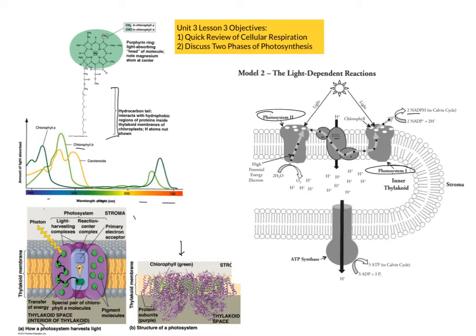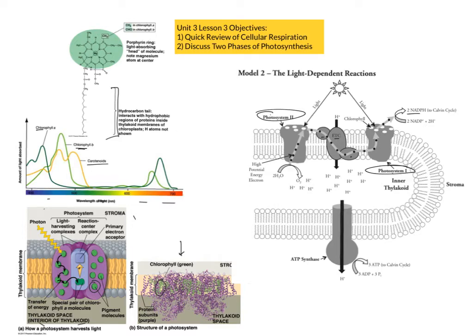Pigment molecules, indicated in green here, come in multiple types inside of a plant. One you've likely heard of is chlorophyll, and there are two forms: chlorophyll A and chlorophyll B. We also have a series of pigments called carotenoids, which are slightly different but perform the same function in that they help absorb solar energy.